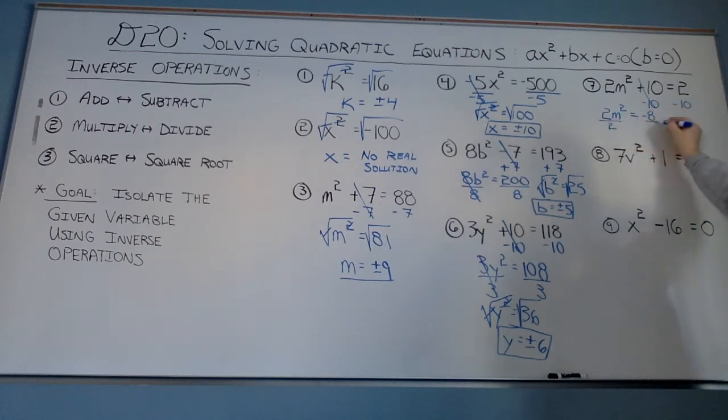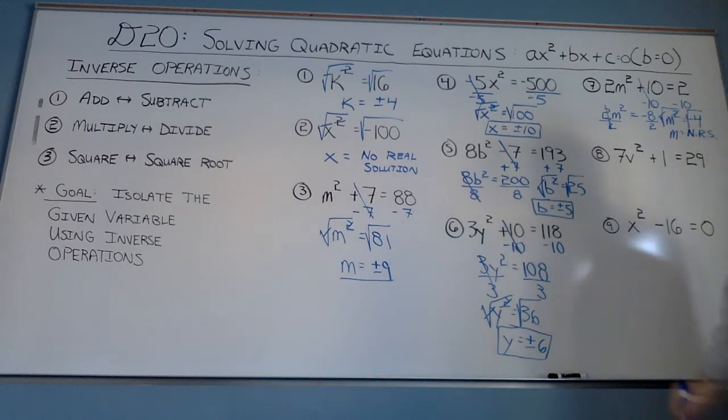Dividing by 2, we're going to have m squared equals negative 4. And then when I do the square root of both sides, again, in our little world here, there is no real solution. If you want to use NRS, I am okay with that.